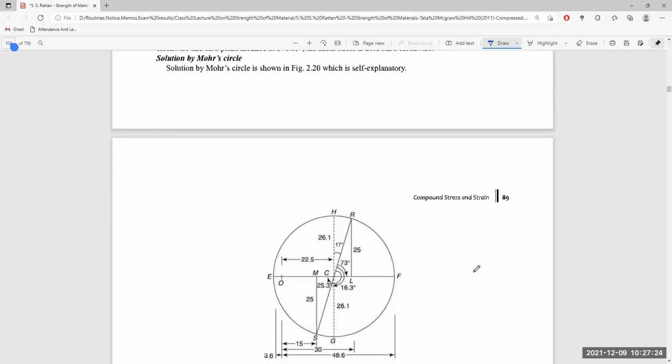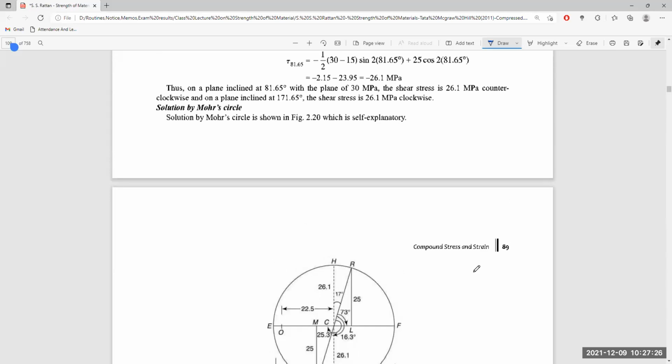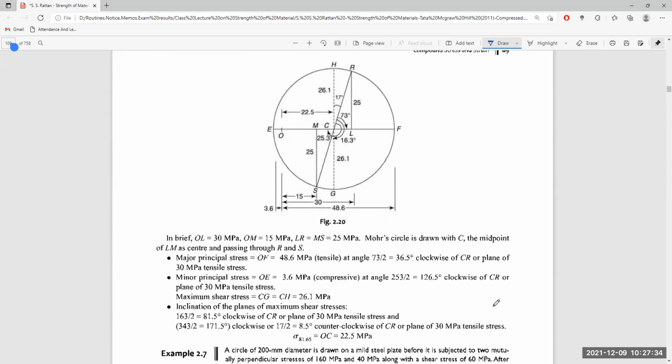Now, solution by the Mohr circle. Here, both stresses are tensile in nature. So here we are plotting a value of O, and OL becomes the length from here to here. OL is 30 MPa, OM is 15 MPa, both in the same direction, but they are overlapping.